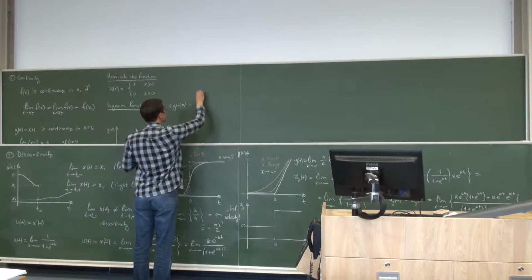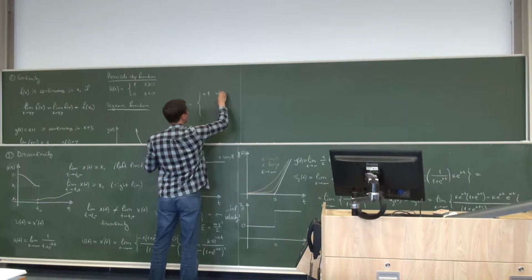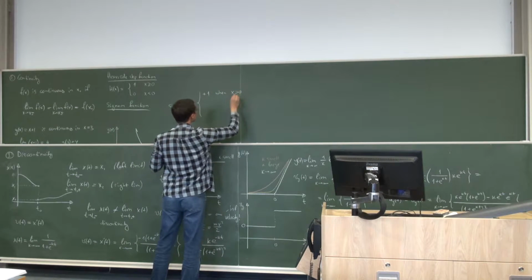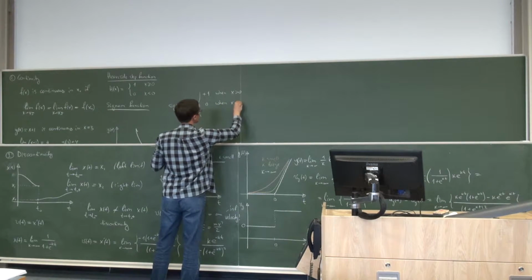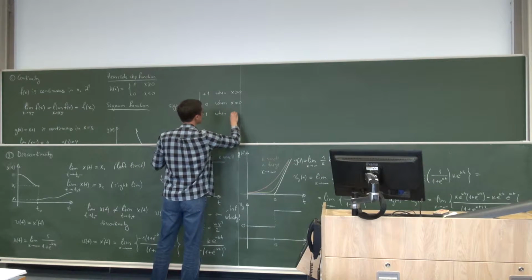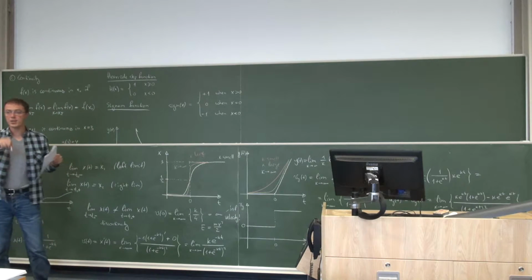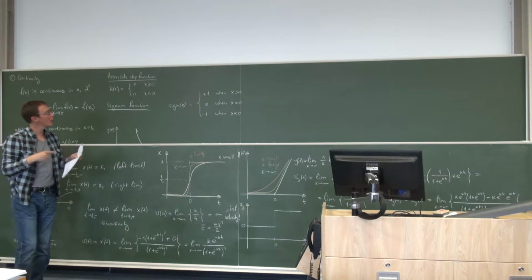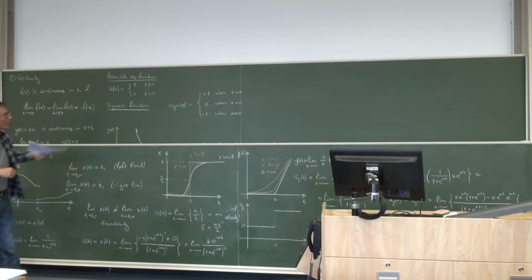And as the name suggests, it is +1 when x is greater than 0, it is 0 when x is exactly 0, and it is -1 when x is less than 0. So you have it at 0 as a strange punched out point in the middle, and then it jumps to +1. Neither function would be permissible as a trajectory of a particle, of course.